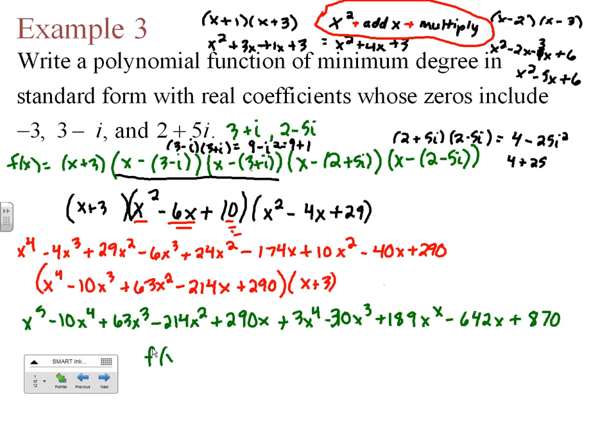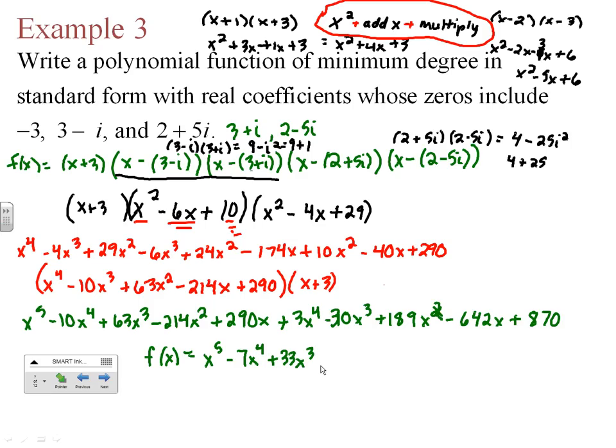So this is f of x equals x to the 5th. My x to the 4th gives me negative 7x to the 4th, my x cubes give me plus 33x cubed. This probably should be a squared.